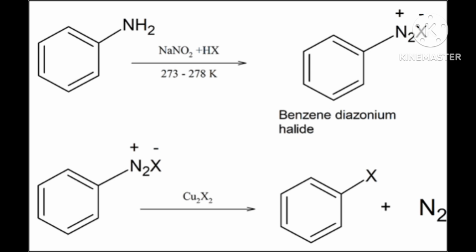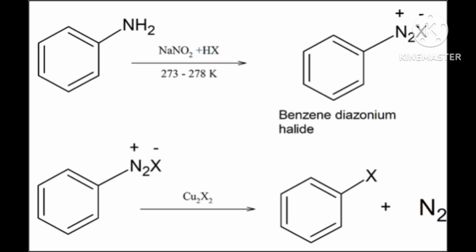Now you can see that when Na goes out from NaNO2, then N will have a negative charge. NO2 is 1 negative, correct?